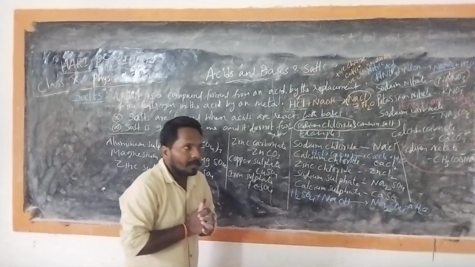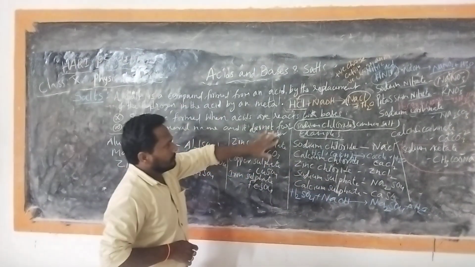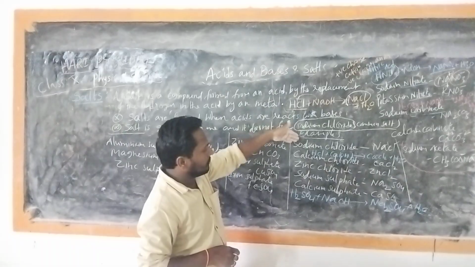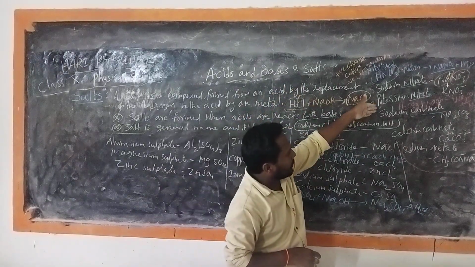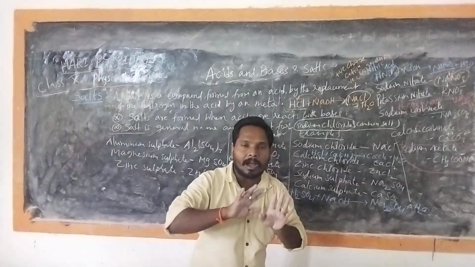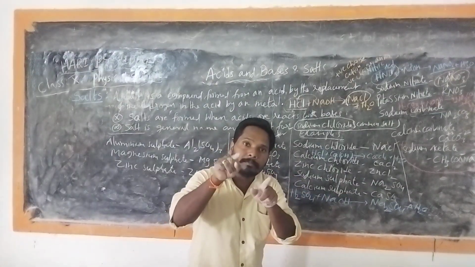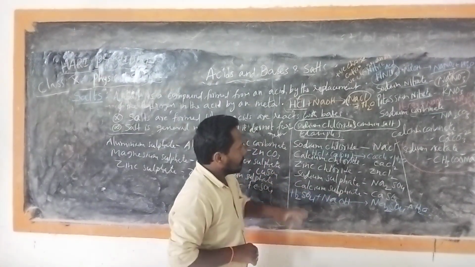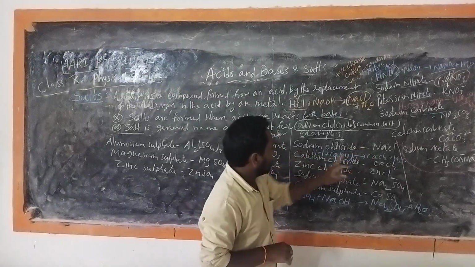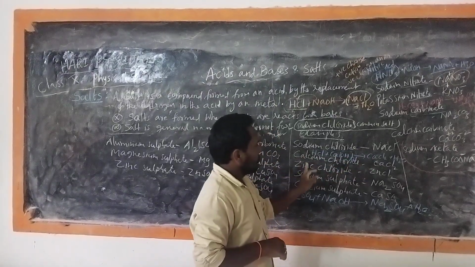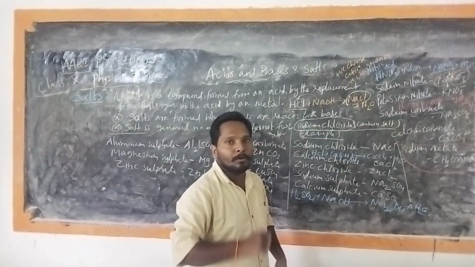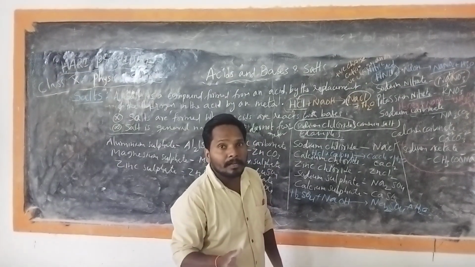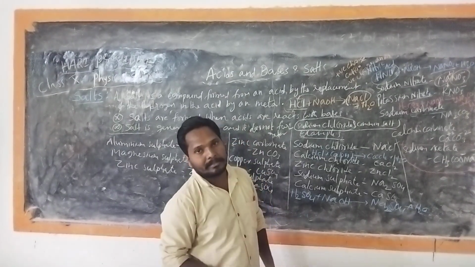For example, sodium chloride, sodium sulfate, sodium nitrate, sodium carbonate, sodium acetate are all sodium salts. Sodium chloride, calcium chloride, zinc chloride, aluminium chloride, copper chloride are chloride salts.